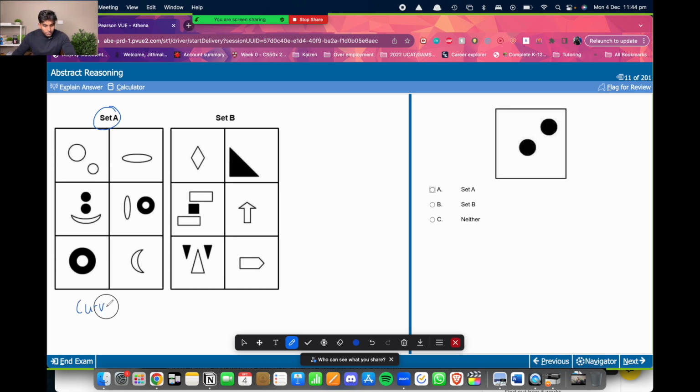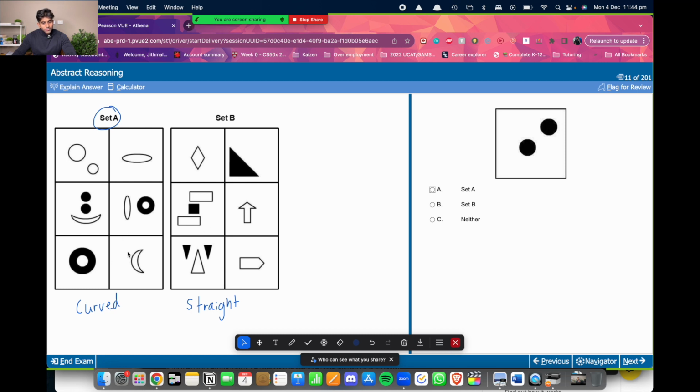So these are all curved. There's not a single straight line here, whereas these are all straight. Looking at everything else, there's two shapes here, there's one shape here. So there isn't any exclusively even shapes in this one and exclusively odd shapes in this one. You could maybe argue that this one might be odd.